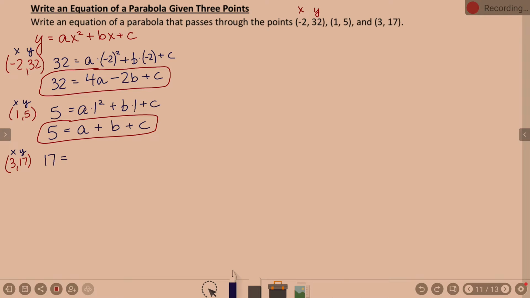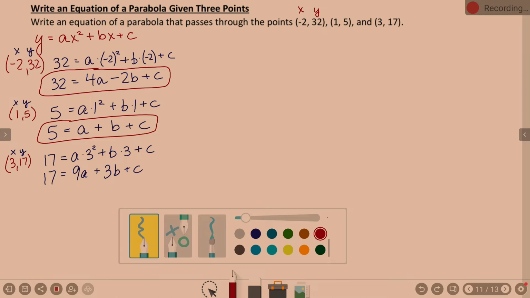So 17 equals a times 3 squared plus b times 3 plus c. Clean it up, and 17 equals what? 9a plus 3b plus c.